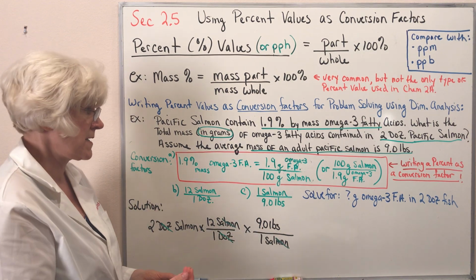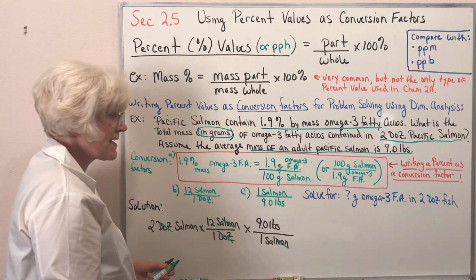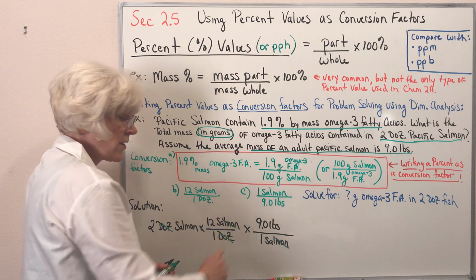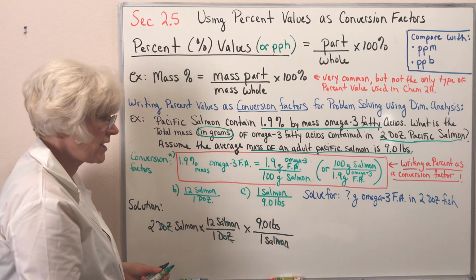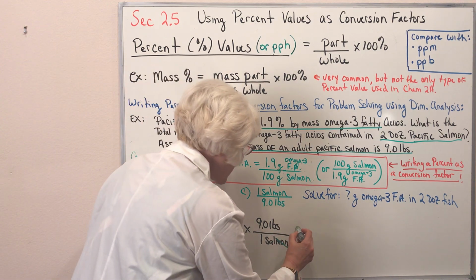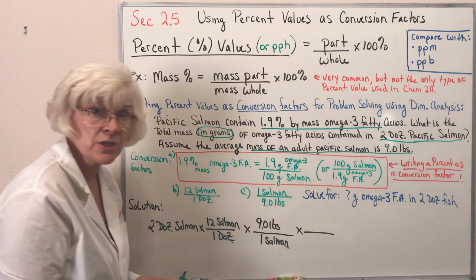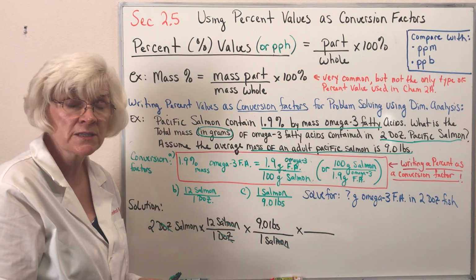2 dozen salmon. But in order to get to omega-3 fatty acids, I'm going to have to convert from pounds to grams. My conversion factor here is showing in grams. So I have memorized the relationship between grams and pounds. It's not stated here in this problem.